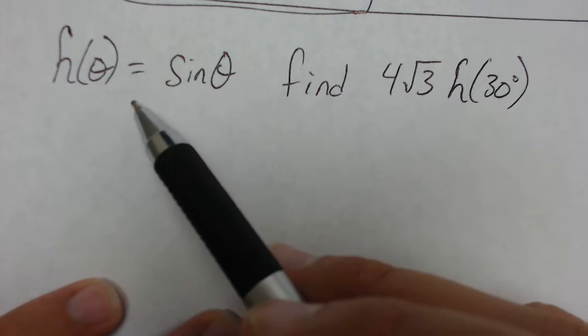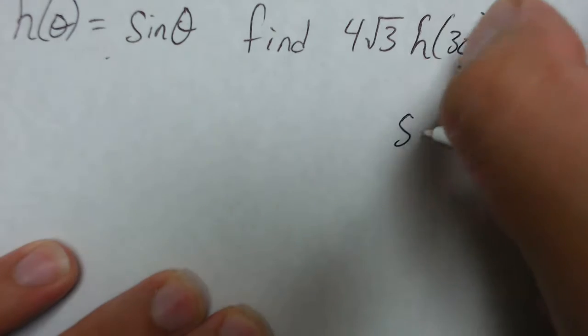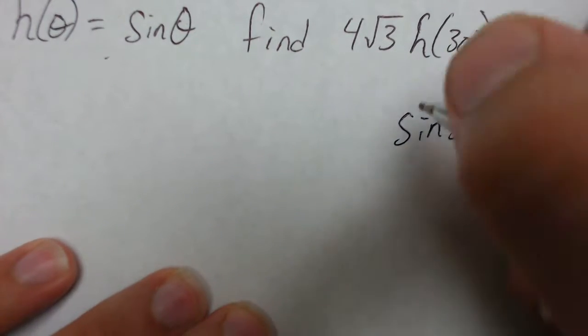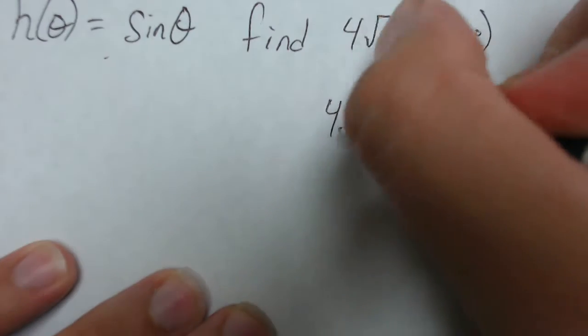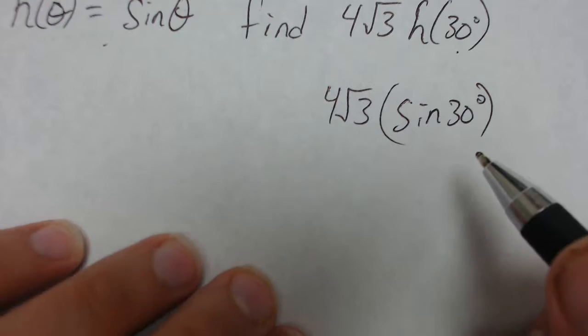So if h of theta equals sine of theta, then h of 30 is going to equal sine of 30 degrees. So instead of writing h of theta, I'm going to put sine of 30 degrees, and then that times 4 root 3. Sine of 30 degrees means we're going to use a reference triangle. Our reference triangle is going to be our 30, 60, 90 triangle. I'll reference that on the book to save time.